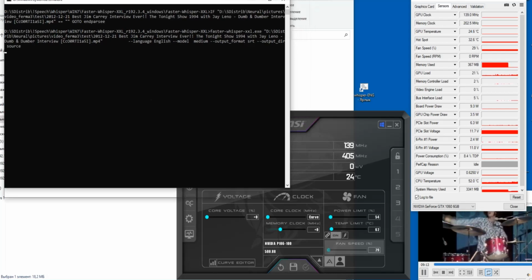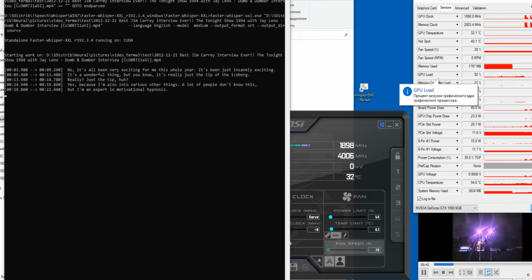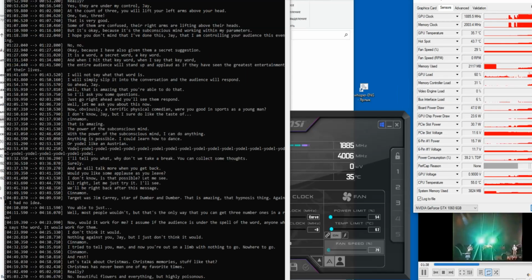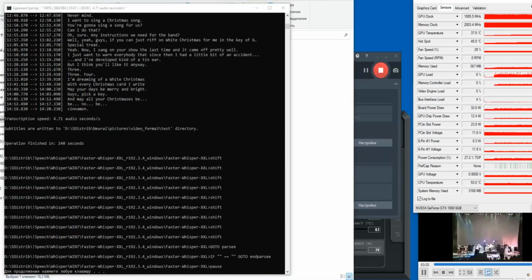Limit at 50% energy consumption of the video card. And what we see is a recognition speed of about 5 seconds per second.